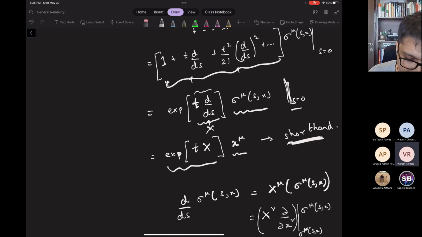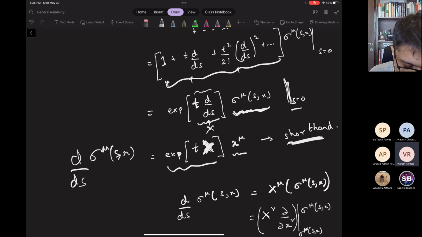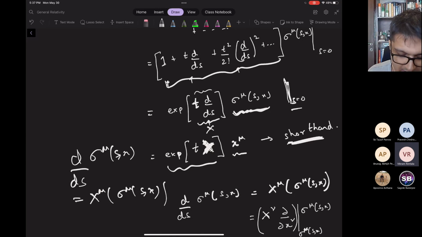But really you have to remember that first I take the coordinate sigma mu s x, then I differentiate with respect to s. Those differentiations are the same as the vector field, because d by ds of sigma mu is equal to x mu, sigma mu s x.